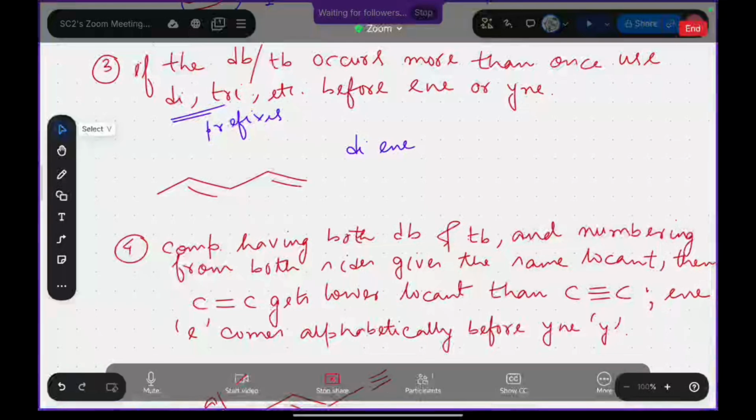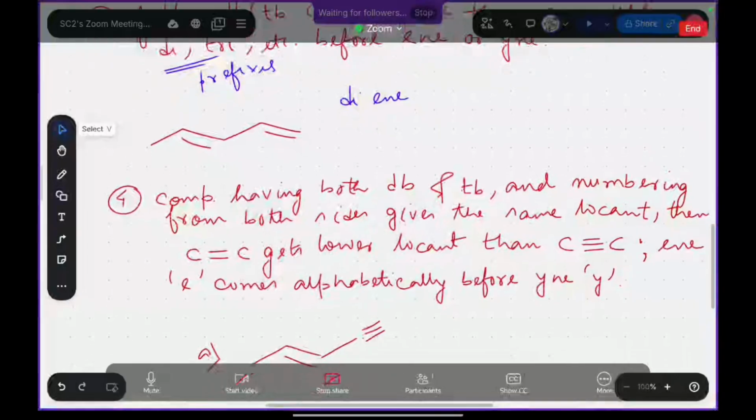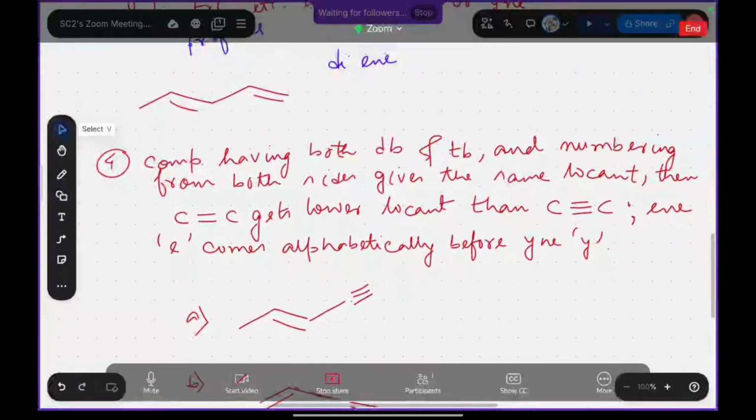Suppose you have been given a compound where both the double bond and triple bond are present. See compound A. What do you see? The compound has both the double bond and the triple bond at the same time. So what will you do in such a case? You have to give the numbering.